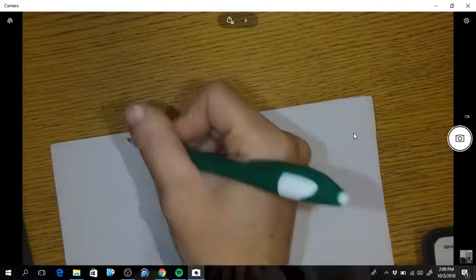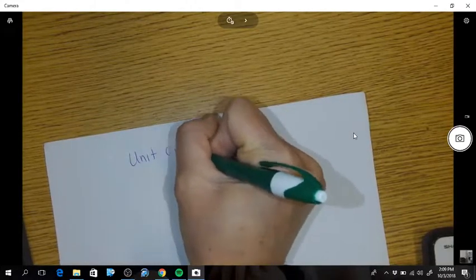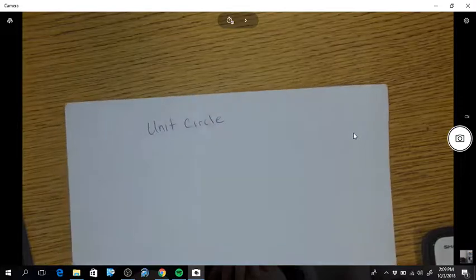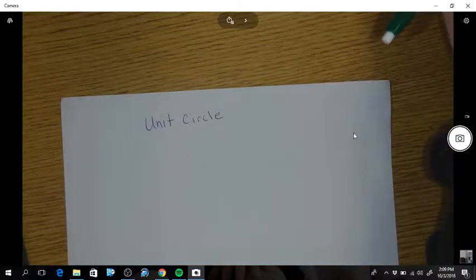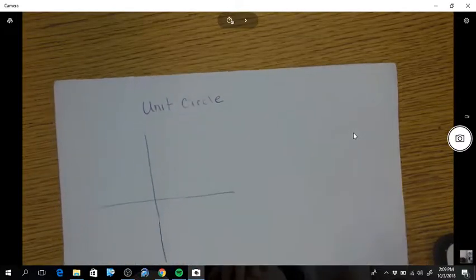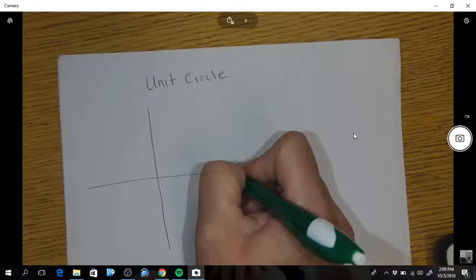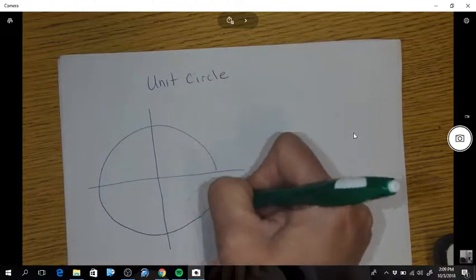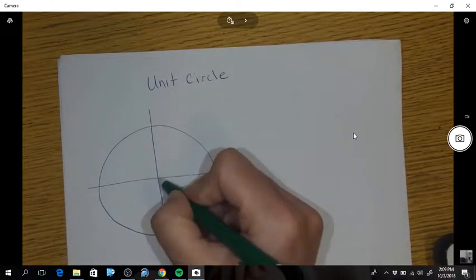Okay, the last trig lesson is the unit circle. Alright, so I'm going to show you a pattern that we're going to draw here. So I have a circle, and we're going to take some angles.